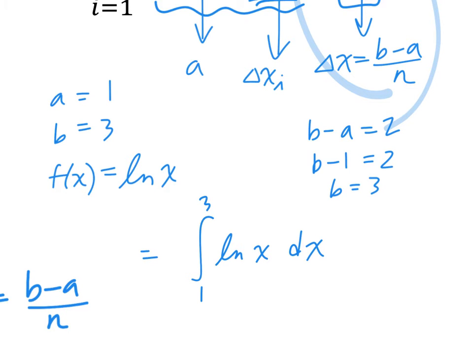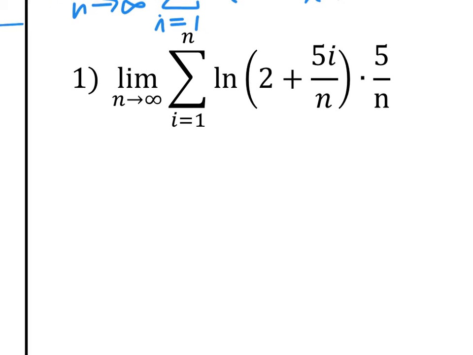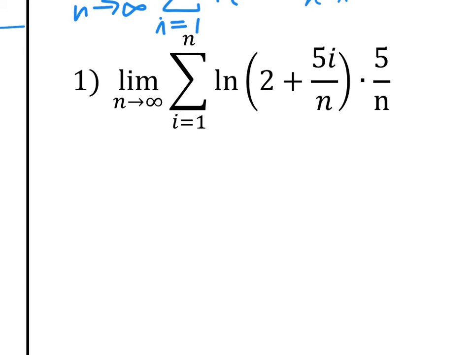That's not bad. All right, let's try another one together. This one's just like the one we just did, but I'm going to help you. A, b, f of x. Let's do the easy one. What is a? 2.